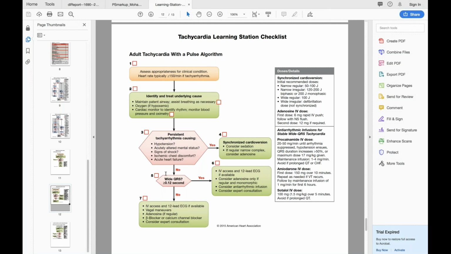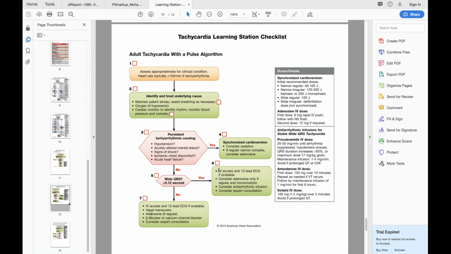If he is stable, which is no, all these things are not present, what you will do is want to know if the QRS is wide or narrow. This is narrow QRS: you will insert an IV line, 12 lead ECG, you will give him vagal maneuvers, adenosine, whatever.